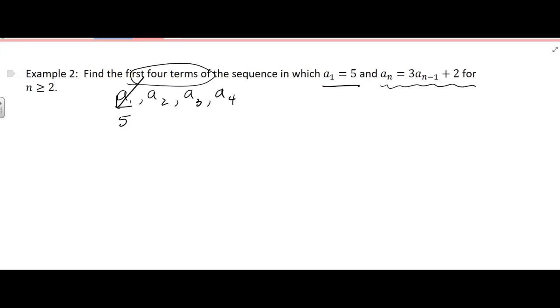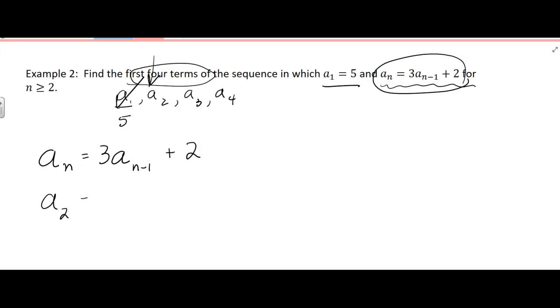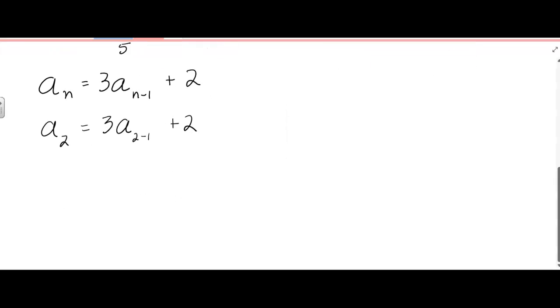Now, how are we going to find a sub 2? Well, here's the generator right here. It says a sub n equals 3 times a sub n minus 1 plus 2. And I'm trying to find a sub 2 right now. That means my n is 2. So it's 3 times a sub 2 minus 1, plus 2. Well, this is a subscript down here, the 2 minus 1.